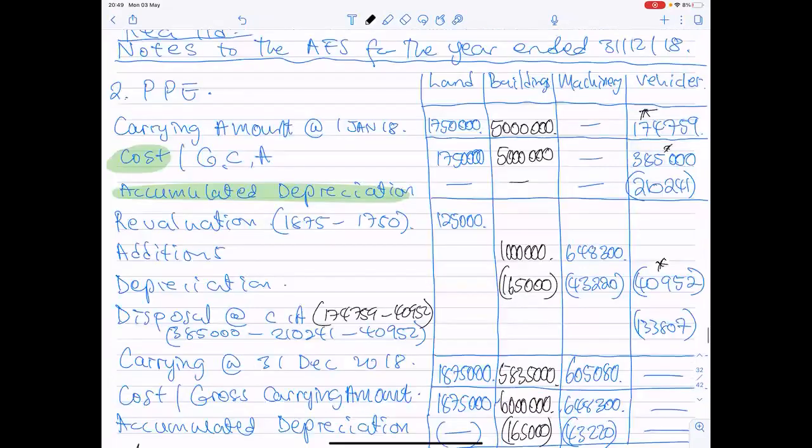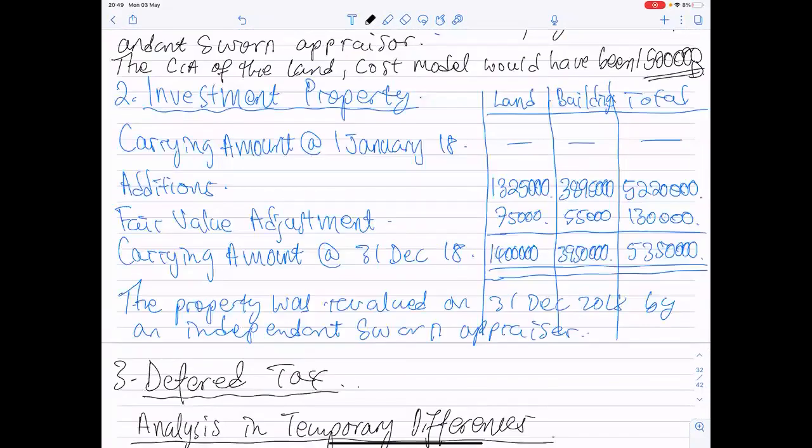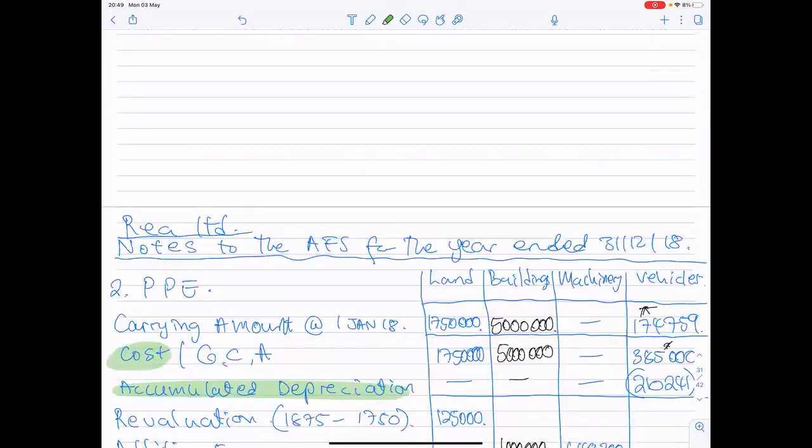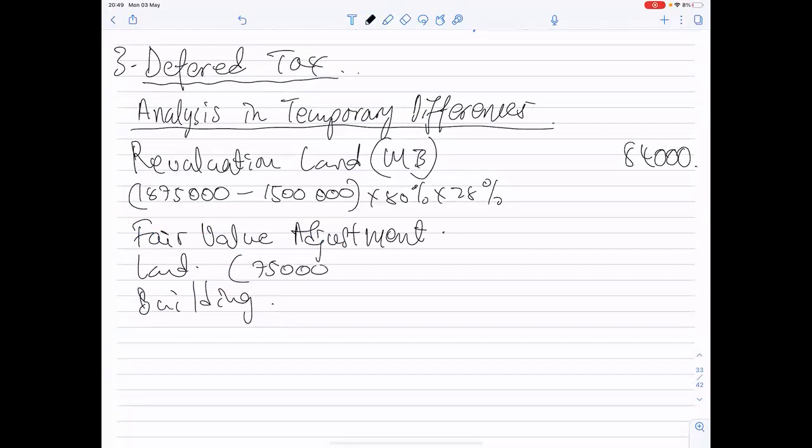Where is our investment property? Our land, it is just going to be 1.4 minus 1,325, which is your 75,000 there. Is that clear? So the fair value adjustment of the land will be 75,000 multiplied by 80% multiplied by 28%. So 75 by 0.28 by 0.8, you get 16,800. It is also a liability.